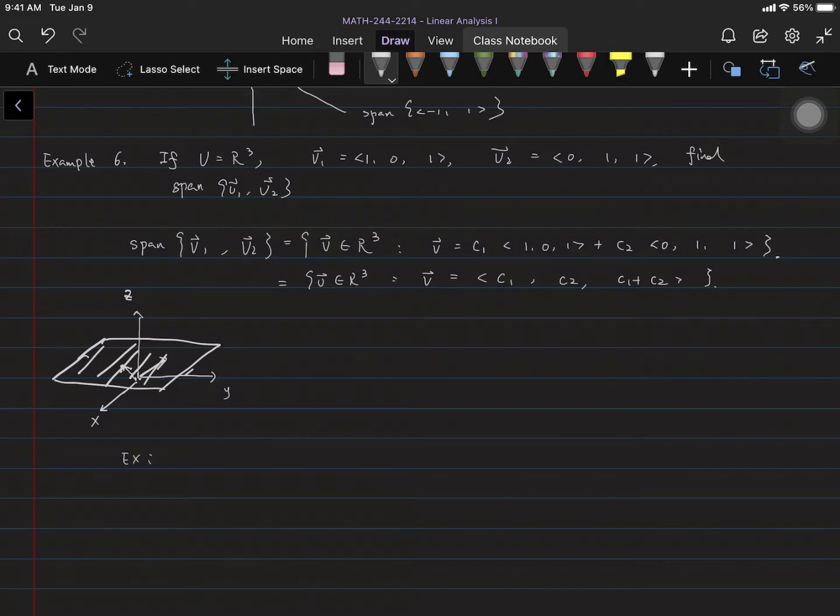Let's take a look at this exercise. Please find the spanning set of V1, V2, where V1 equals (1, 2, -1) and V2 equals (-2, -4, 2). Here I just give you the solution. This is pretty easy, and we can write it down directly. The span of V1, V2 consists of vectors in R3, and every such vector can be written as a linear combination of those two.